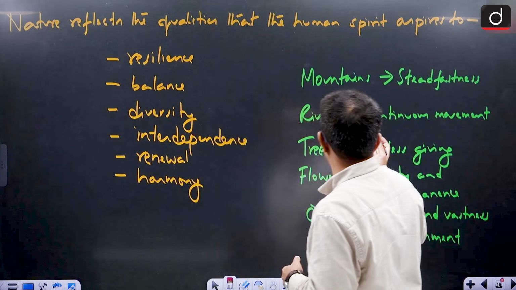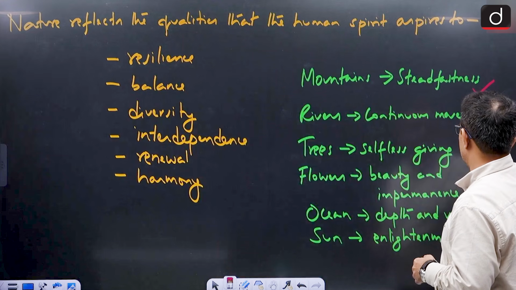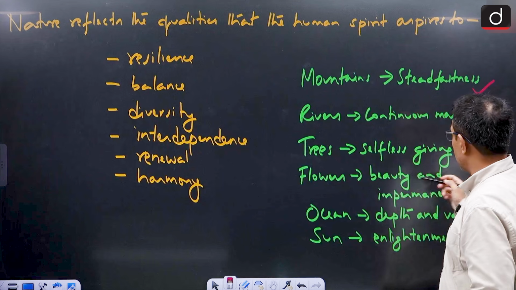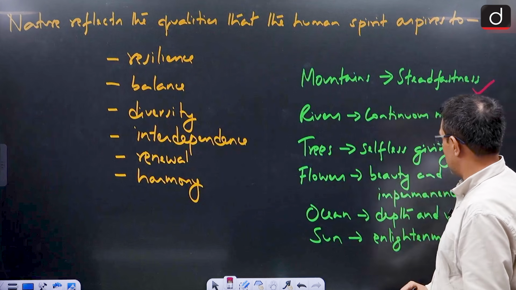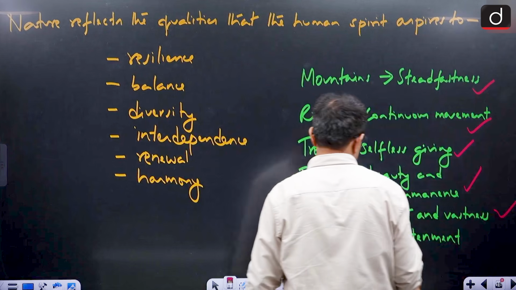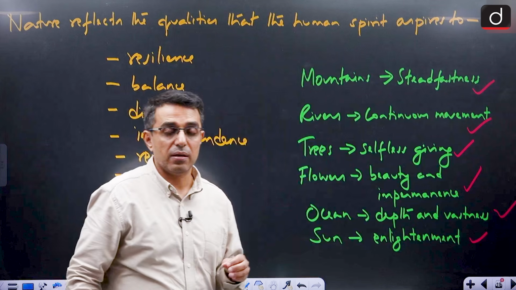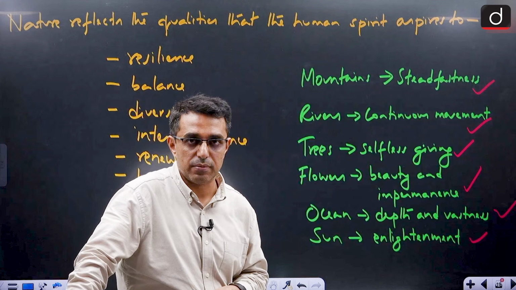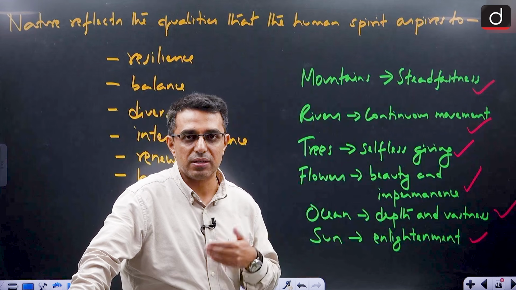For example, mountains show us steadfastness, rivers continuous movement, trees selfless giving, flowers beauty and impermanence, ocean depth and vastness, and sun enlightenment. So these things we learn from nature, and this is what the human spirit strives for.